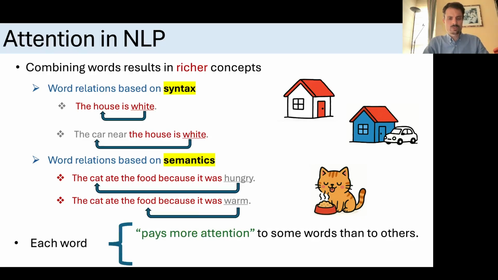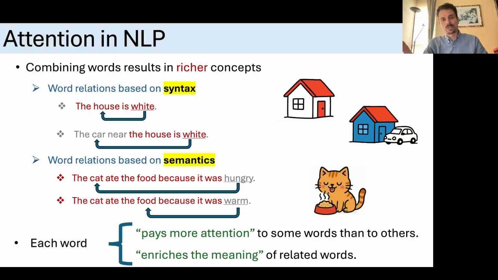So to sum up, we see that it's as if each word pays attention to different words to different extents, right? And we can also think that each word enriches the meaning of the related words. And this is sort of the notion of attention that is exploited in transformers.